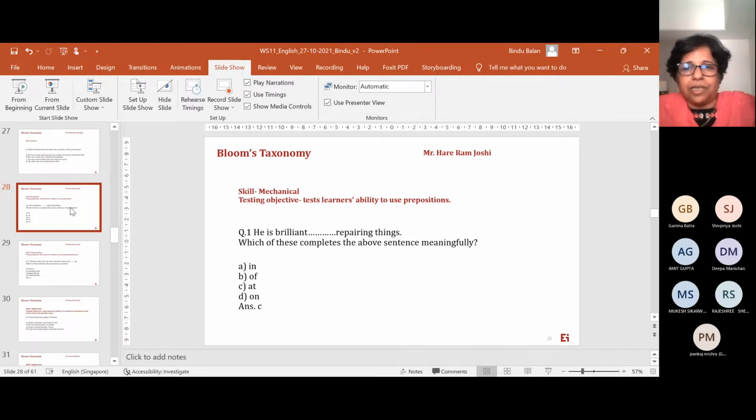There's some kind of understanding involved there. So it overlaps between understanding and application. It is not definitely recall, if you're saying no other preposition should come here and that is the only correct answer. But there is a step before that: they have to understand the context and what kind of preposition is being demanded.